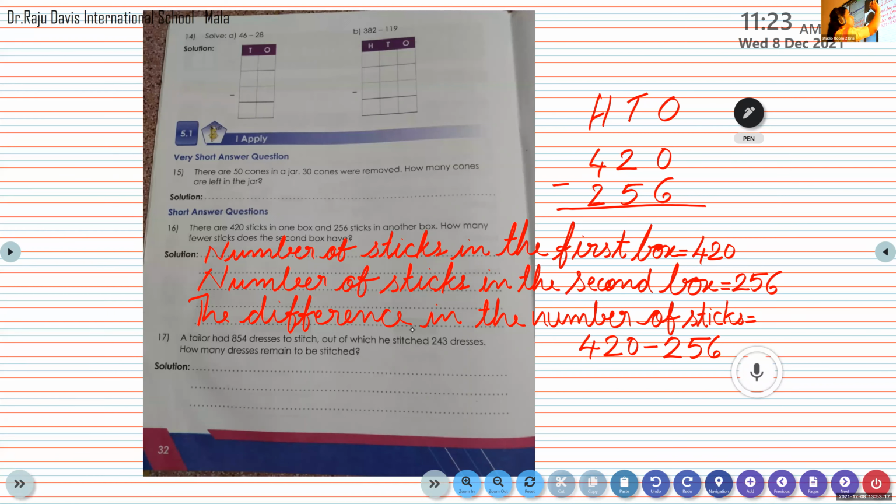So which number is going to share? 2. So we have to cut the number 2. From 2, 1 is going. So 2 minus 1 is 1. Then 0 will become 10. Very good. Now we can subtract 10 minus 6.